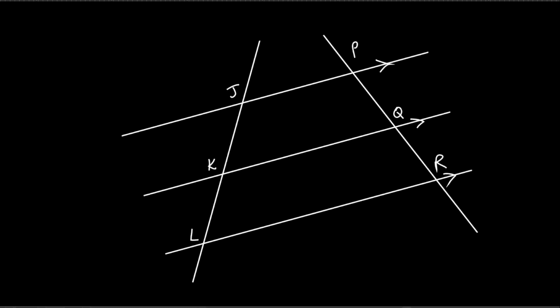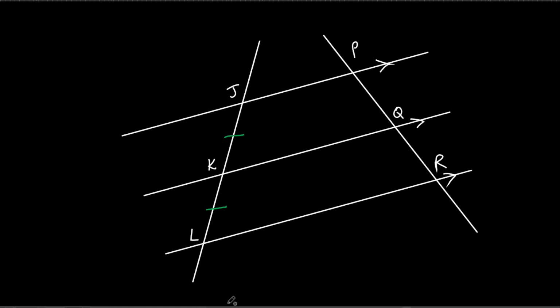It says if 3 or more parallel lines. Do we have 3 or more parallel lines? Yes, we got 3 of them, right? It says if it divides a transversal into congruent segments, okay, which means this. Let's change colors. Let's do a little green on this one. Watch this. If these 3 parallel lines cut these transversals into congruent segments, which means this, that JK is equal to KL.